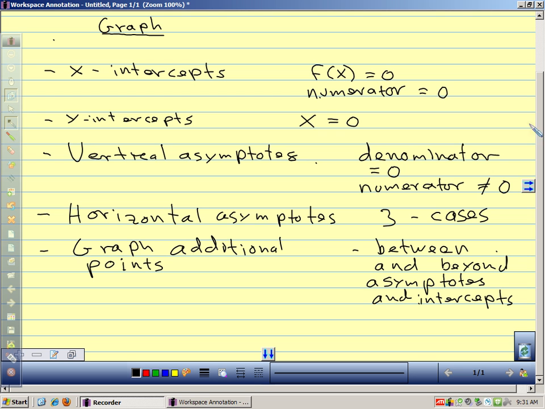And we can also use symmetry to decide if it's symmetrical about the y-axis or symmetrical about the origin. Usually these steps are going to be enough to get a good idea of what your graph looks like.